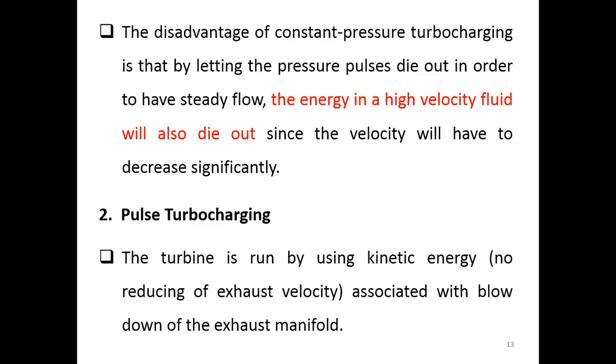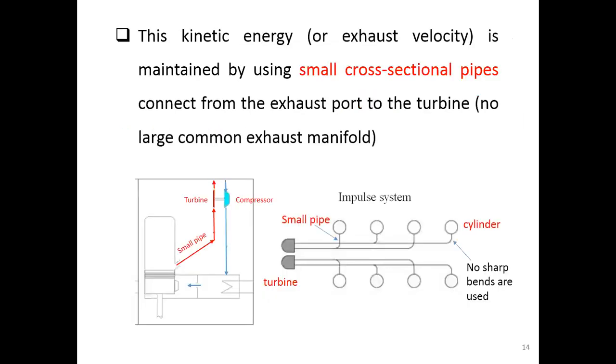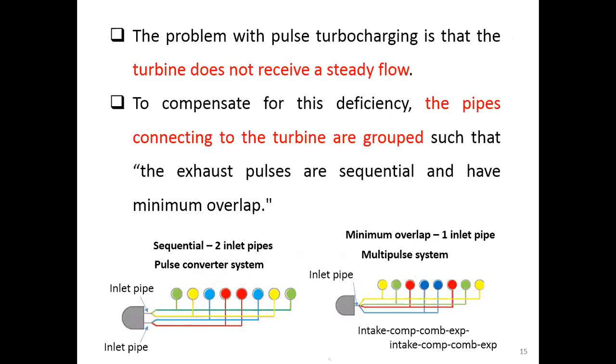So we have to sacrifice our turbine by letting it receive the pulsing flow, but we will try to minimize these pulsing effects using two concepts. The first concept is to let the exhaust flow in sequence.